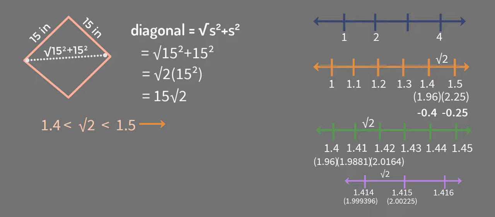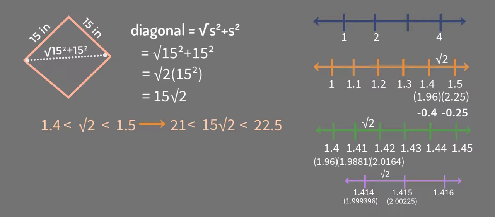With our 15 figured in, 15 times 1.4 is 21. So 21 is less than 15 times the square root of 2, which is less than 15 times 1.5, and that's 22.5.